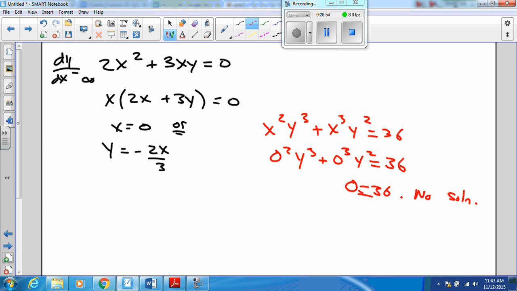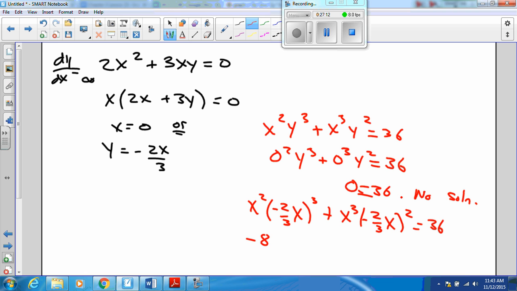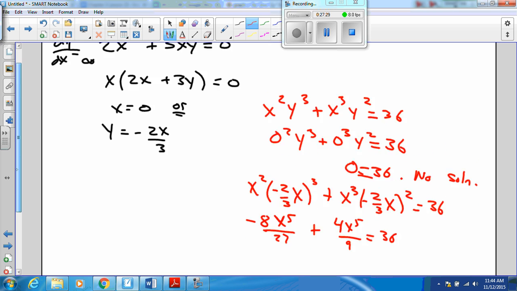Or I can substitute now y equals negative 2/3 x, and when I substitute that into my original relation, then I discover that negative 8x to the 5th over 27 plus 4x to the 5th over 9 is equal to 36.